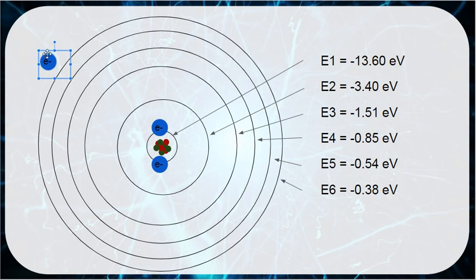And we now know that as electrons are being added to an atom, they like to be as close to the positively charged nucleus as possible. Negative electrons are attracted to positive protons, of course.